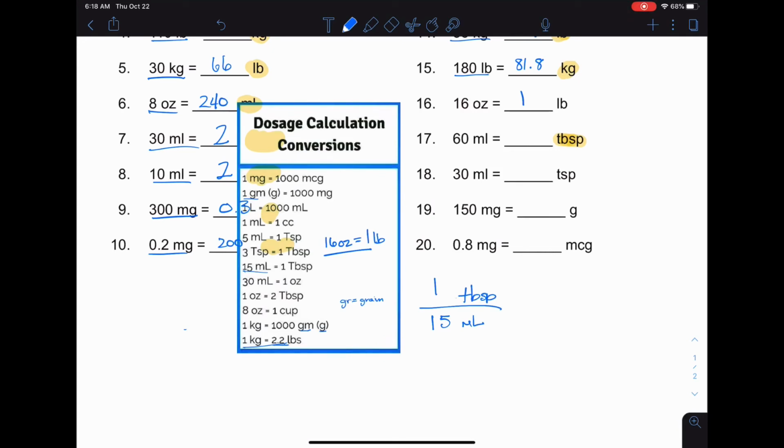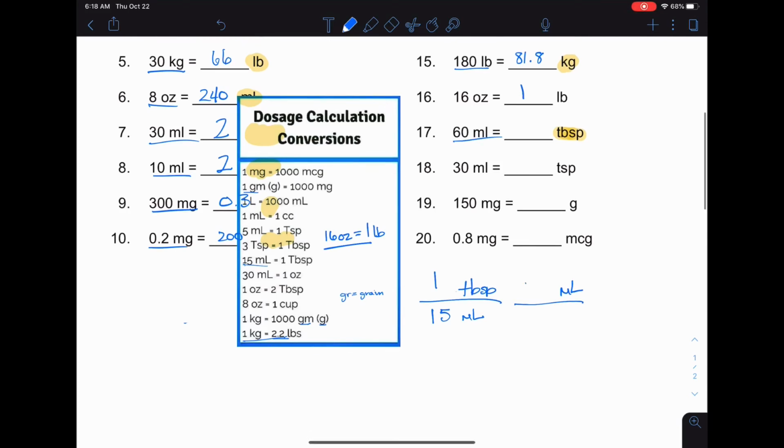Then we want to get mils by itself, and this is where we can pull in our problem. We're trying to get 60 mils converted, so we'll put that there. Those will cancel out, throw that over 1, so now we can multiply across. 60 divided by 15 is 4. So 60 mils is equal to 4 tablespoons.